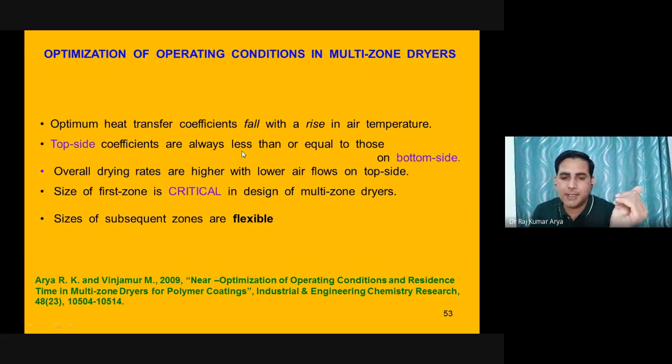Subsequent zones are flexible. They can be equal. The second zone is also large as compared to the other zones, zone 3 and 4. And this work we have published in Industrial and Engineering Chemistry Research.